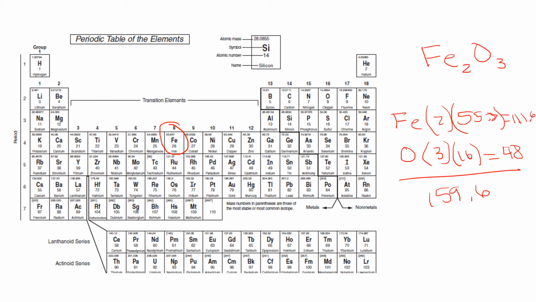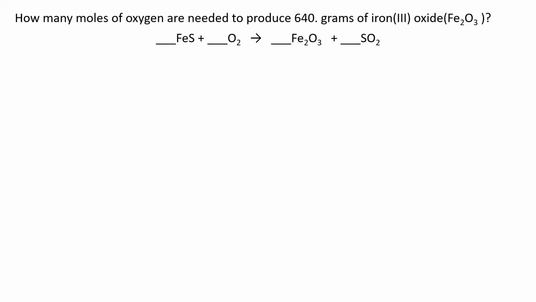Okay. The molar mass for oxygen is going to be 32. So now I have my molar masses. So now if I go back to my problem, when I balanced it, I had 4, 7, 2, and 4. Okay. This is my given, and this is what I'm solving for.